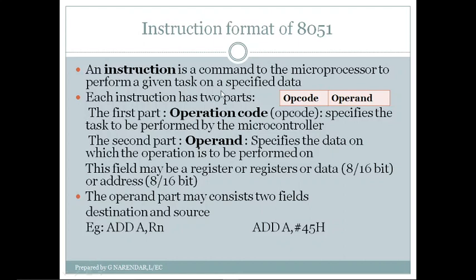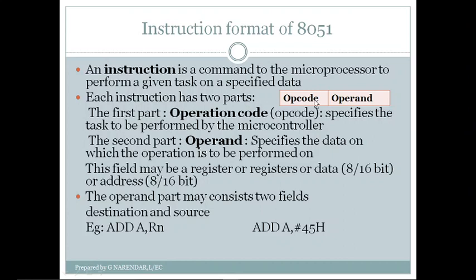When an instruction is meant for the microcontroller to perform a certain operation, the operation must be performed on certain specified data. Each instruction written for the 8051 has two parts in general. Some instructions may miss one of the parts, but overall each instruction has two parts.